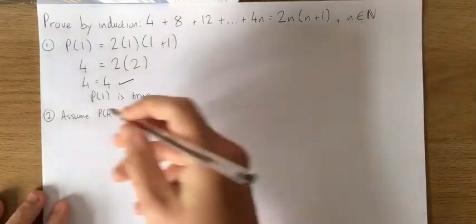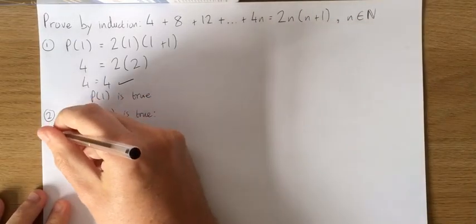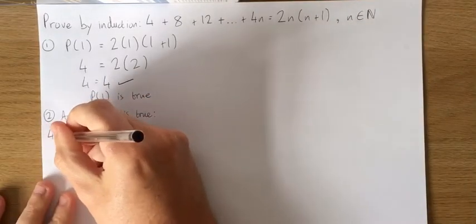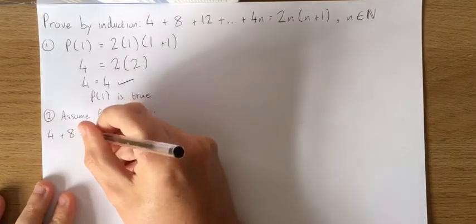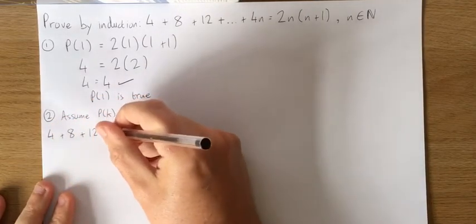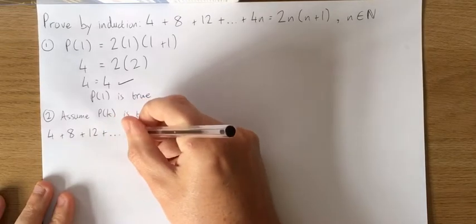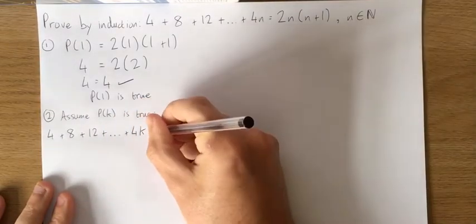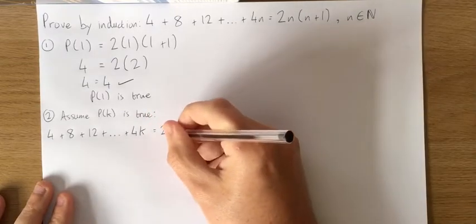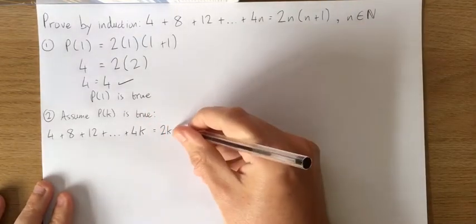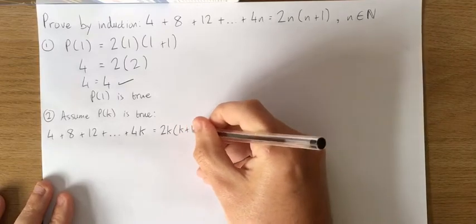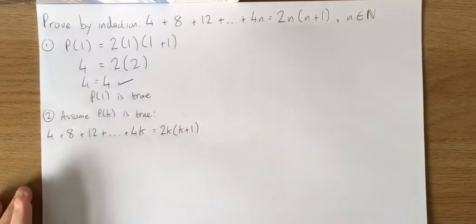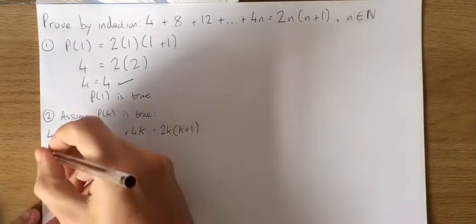On the left hand side, that's going to be 4 plus 8 plus 12 plus all the way up to 4k, and on the right hand side 2k on k plus 1, and that's that step done.